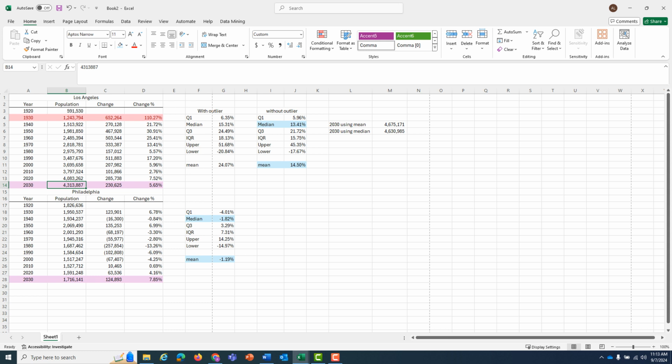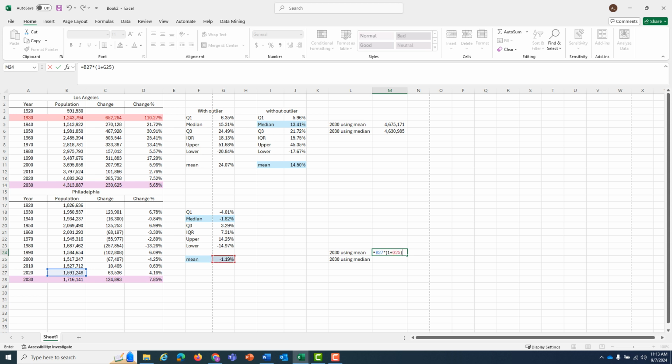Let's go to Philly. Let's see if Philly makes a better estimate. And we're going to use the same concepts that we had over here. So 2030's population, using our mean decline in this case of 1.19%. That should be equal to what it was in 2020, our last observed data point, times, in parentheses, 1 plus the mean rate of change.